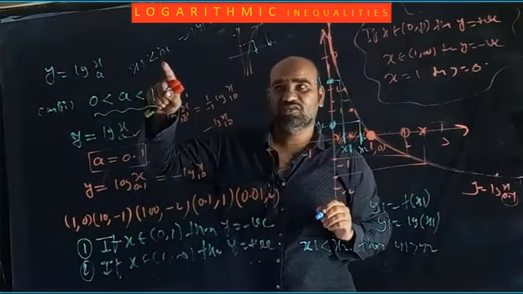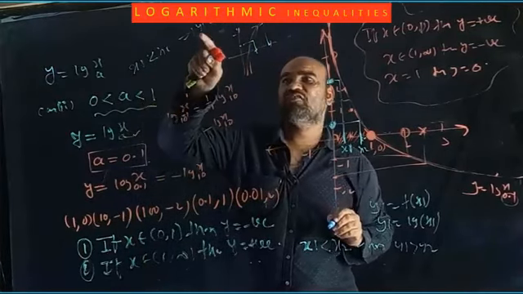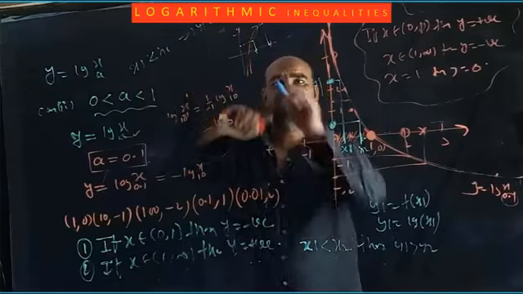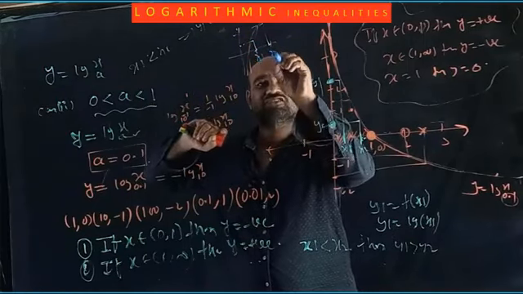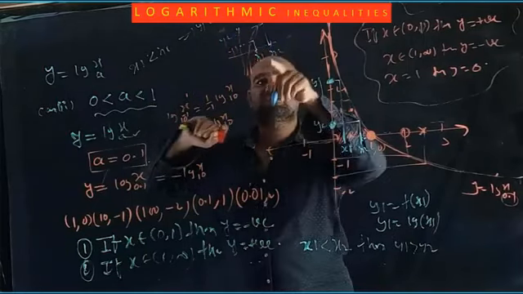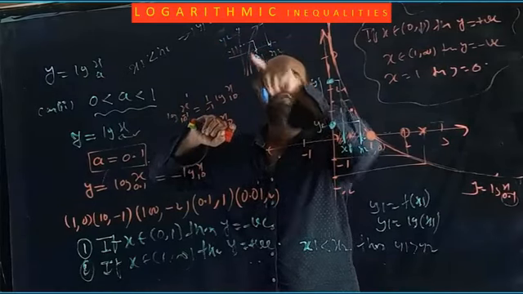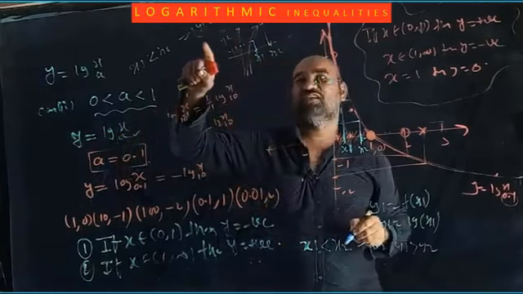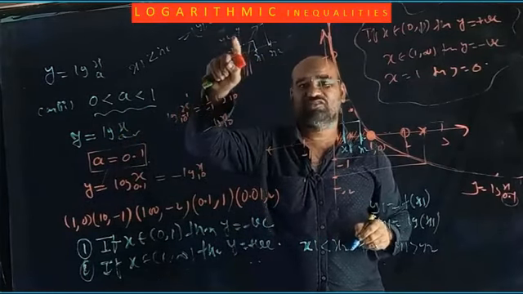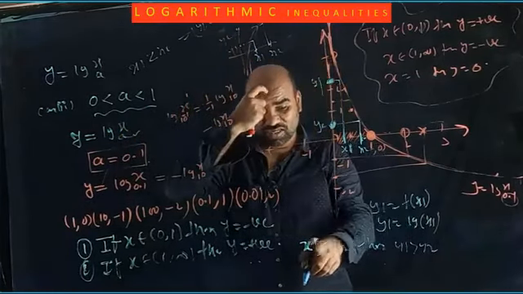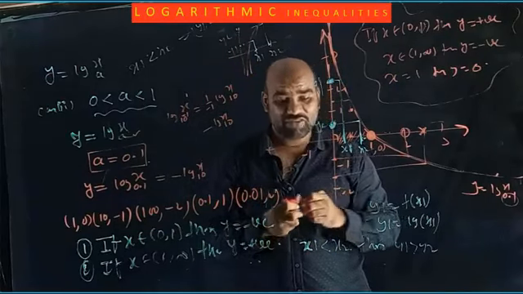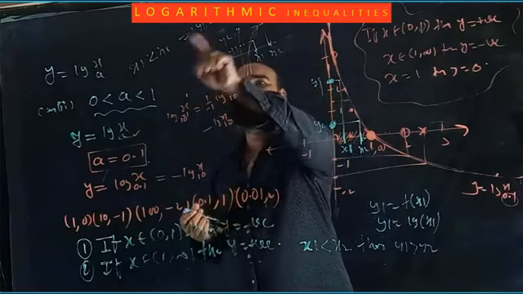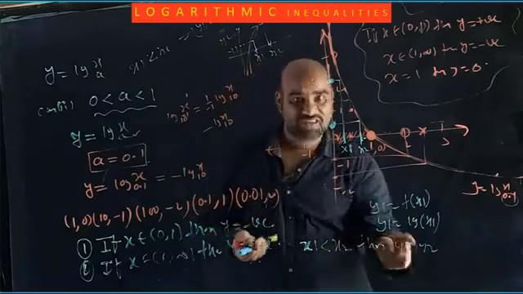Here x1, here x2, here y1, y2. Observe: x2 greater than x1, y2 greater than y1. So y1 means log of x1, log of x2. Here x1 less than x2, then y1 greater than y2. The inequality altered here. In the previous one there was no change in inequality.